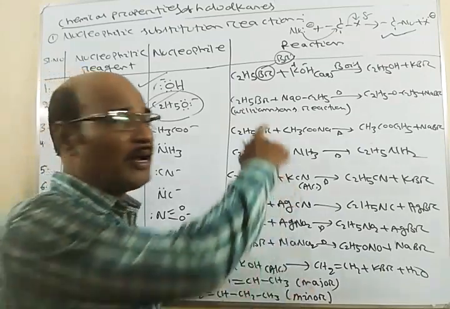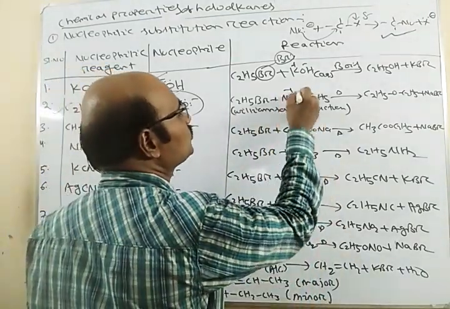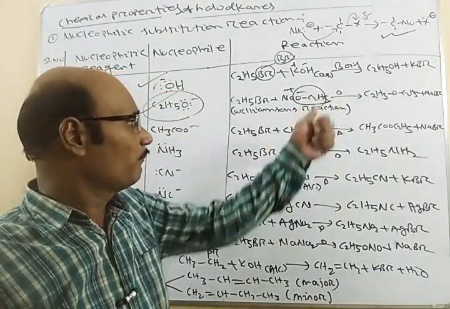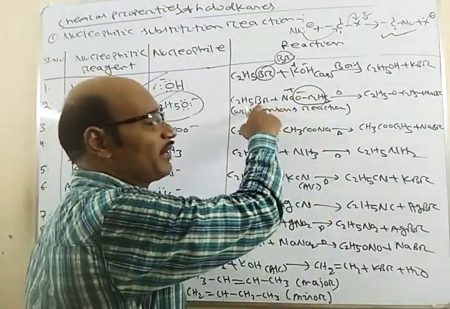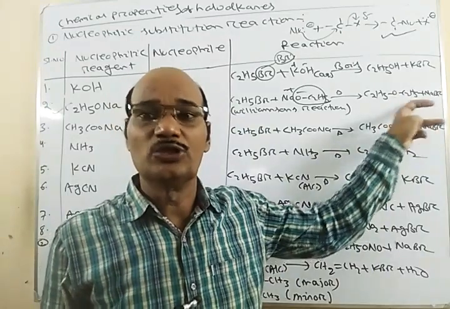So when I have ethyl bromide with sodium ethoxide, from here Na plus and C2H5O minus, the C2H5O minus is a better nucleophile than Br minus. So this will replace Br minus, and we get C2H5OC2H5, which is called ether.